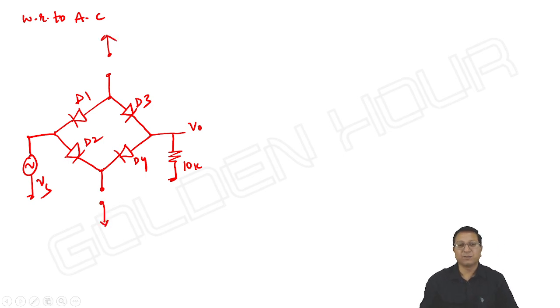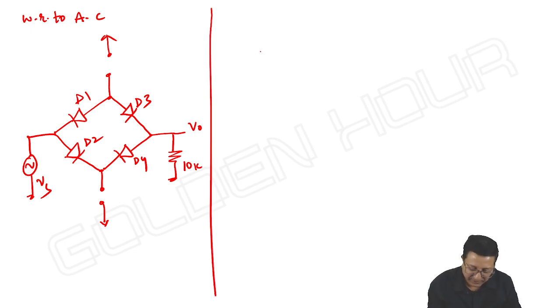DC sources are removed. Open circuit should be 0 current, which means current sources will act as open circuit. This is how we can see. Now we can replace each diode by means of its equivalent resistance. So further, I can write the circuit.